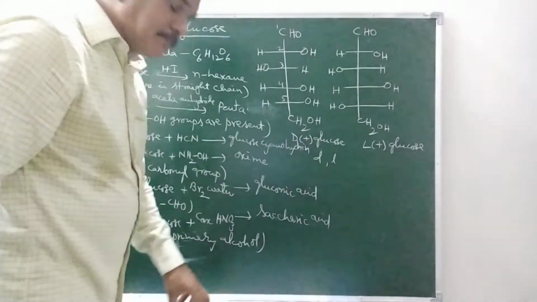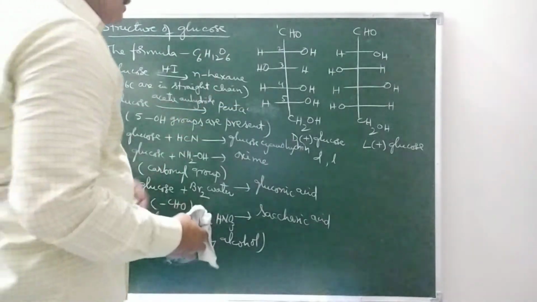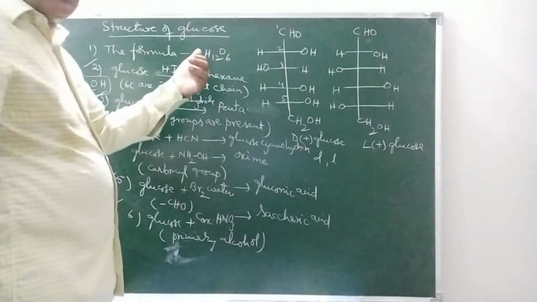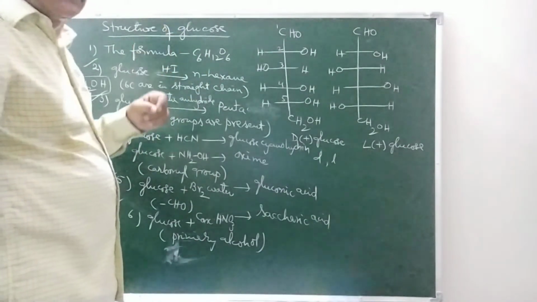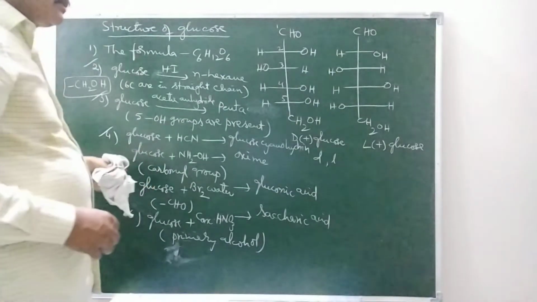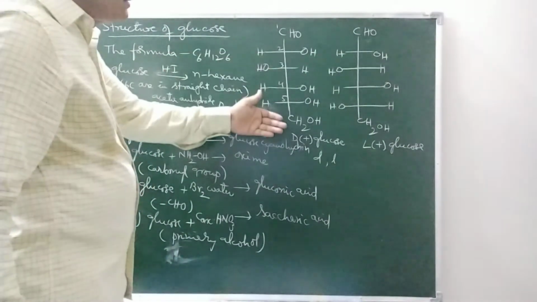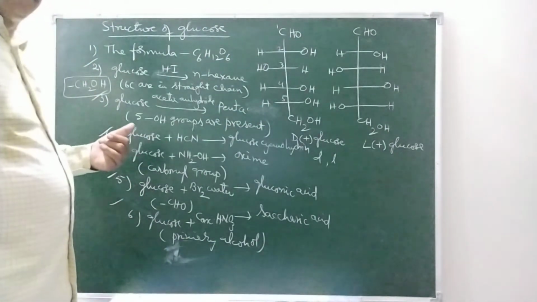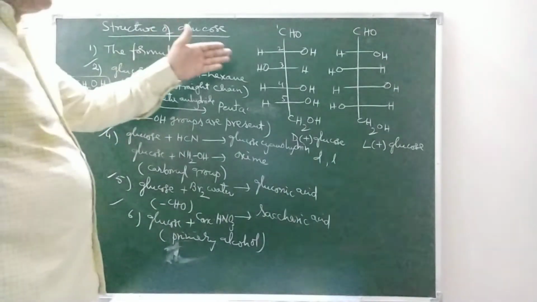Capital D and capital L represent stereoisomerism. So there are two forms like this. With the C6H12O6 formula, we get around 16 isomers.